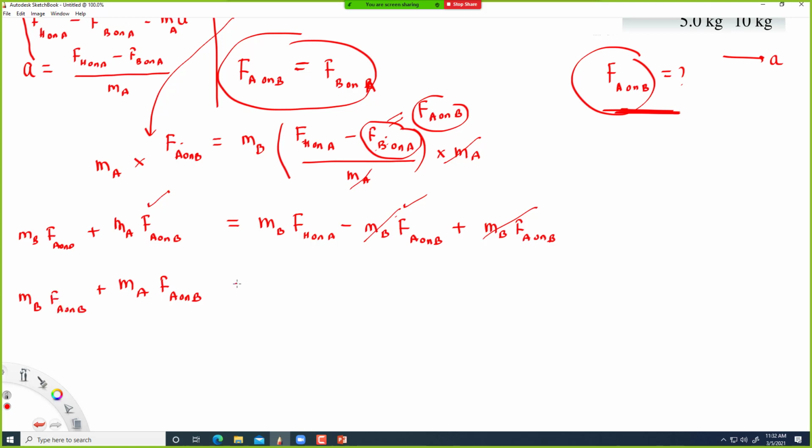So here I have M B F H on A. Here we have this thing common. You can put it outside the parenthesis when you have something common between the terms. So F A on B is equal to M B F H on A. Okay.